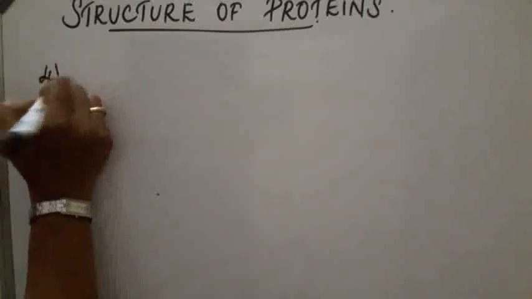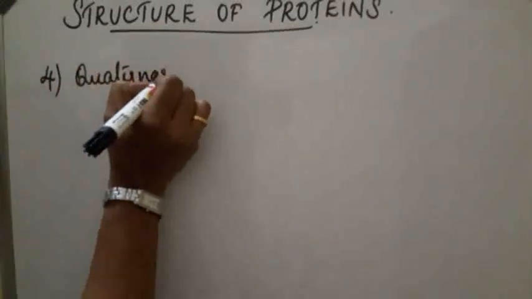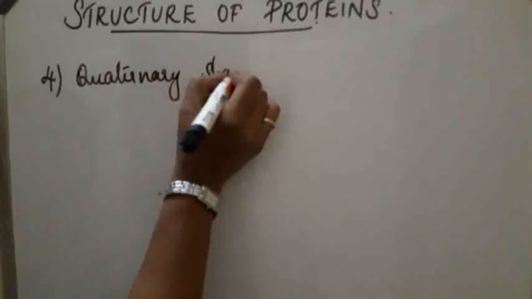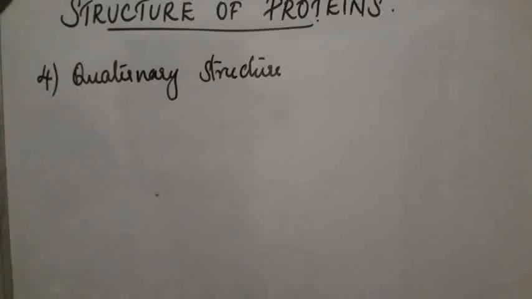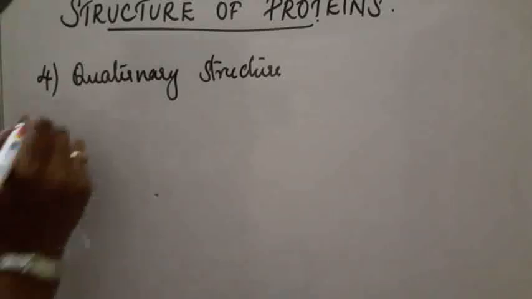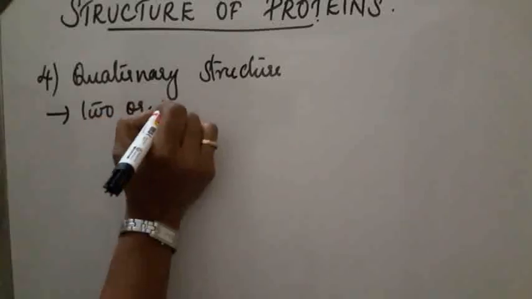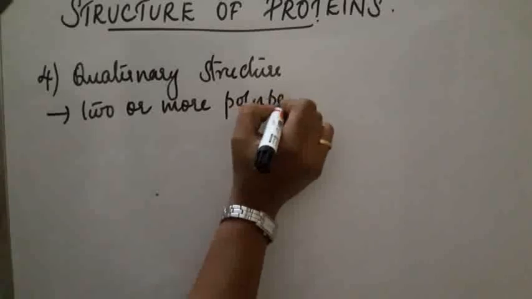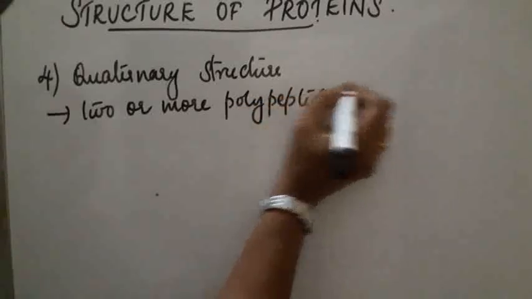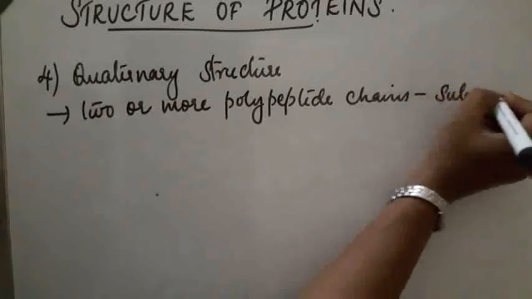Fourth level is quaternary structure. Some proteins are composed of two or more polypeptide chains, called subunits.